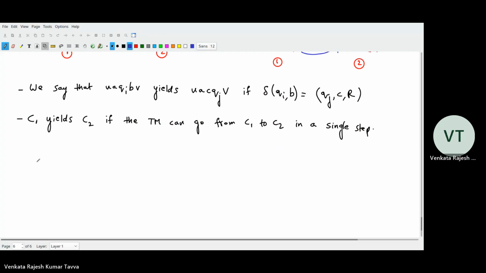Okay. But there is a special case. Can anyone guess what the special case is? In a Turing machine, there is a special configuration, and you need to handle that separately.